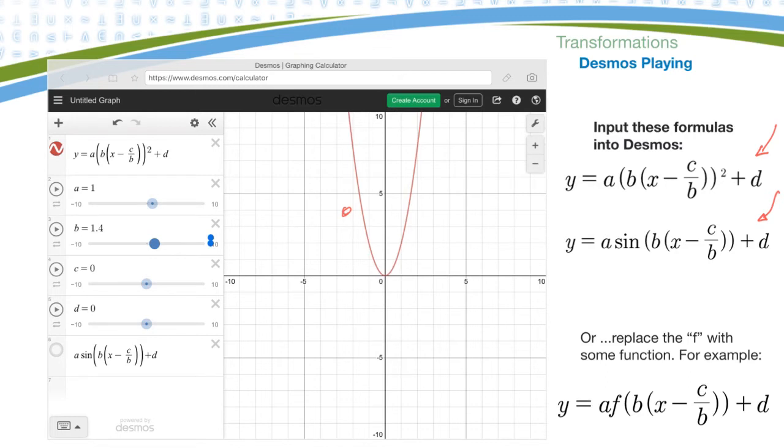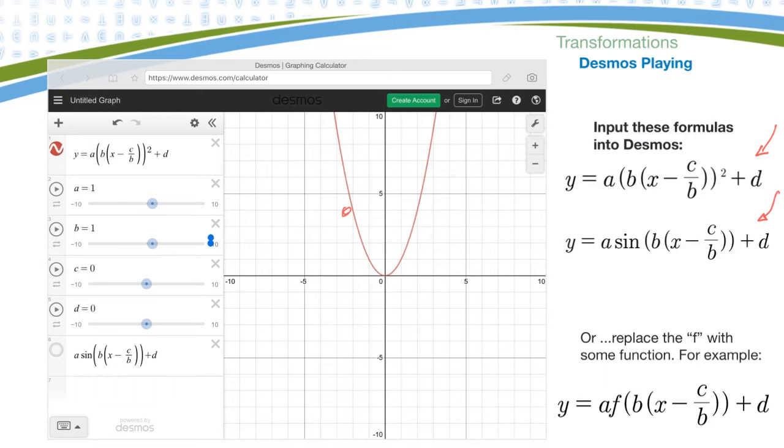So B you can call a horizontal stretch or squish. So there it's stretching it, here it's squishing it. And to determine what happens to the values, you just divide whatever x value you had by whatever B value you had. Okay, so that's B, horizontal stretch or squish.